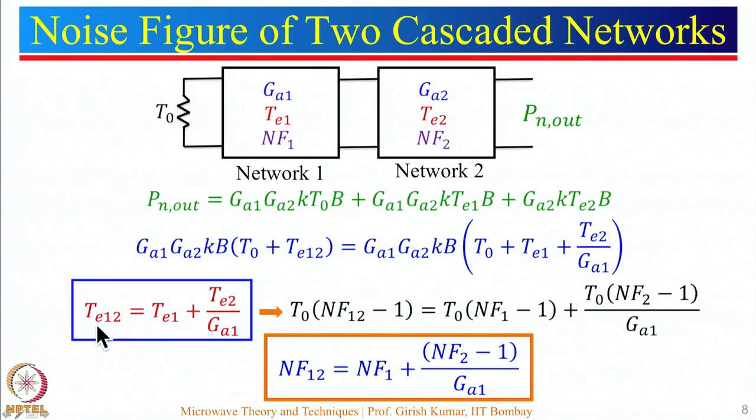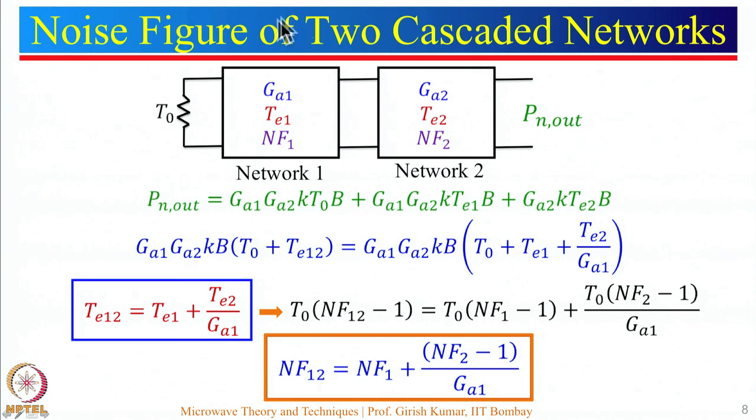So, now we substitute the value of Te in terms of noise figure. We can now write Te12 as T0 (NF12 minus 1). Similarly, we can write Te1 and Te2. By simplifying this particular expression, we can now write NF12 as NF1 plus (NF2 minus 1) divided by Ga1.